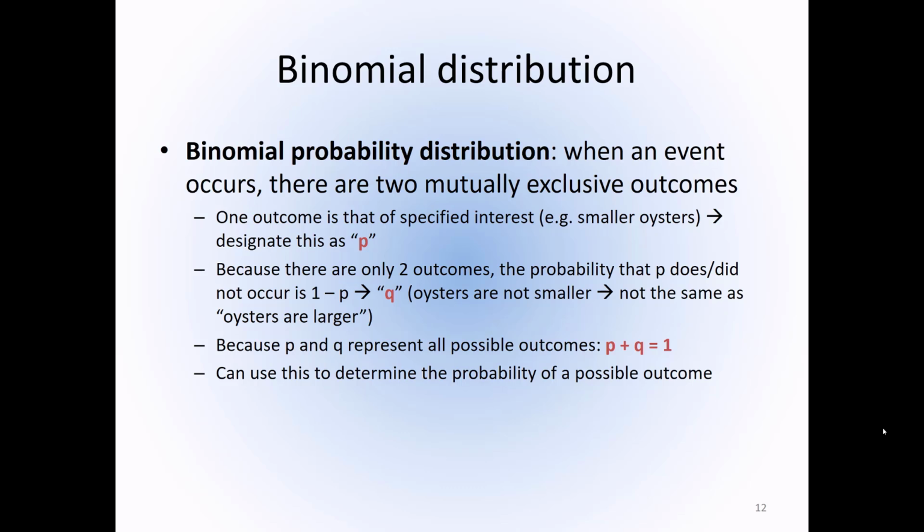The text does a good job of introducing this in section 5.7, and we're going to delve into this using some examples. That way we can see how this binomial distribution works and how we can use it to determine the probability of a particular event occurring, and this is going to set us up for understanding more complex distributions.